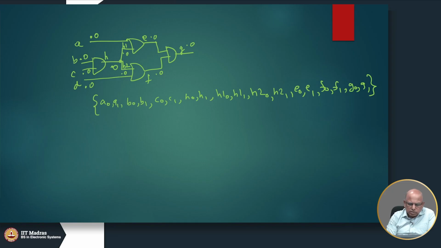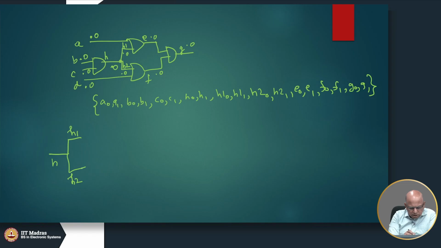Before we get to that, let us argue why H1 and H2 are different. If I have a fan out branch like this, we consider them to be different. Sometimes people ask me why.